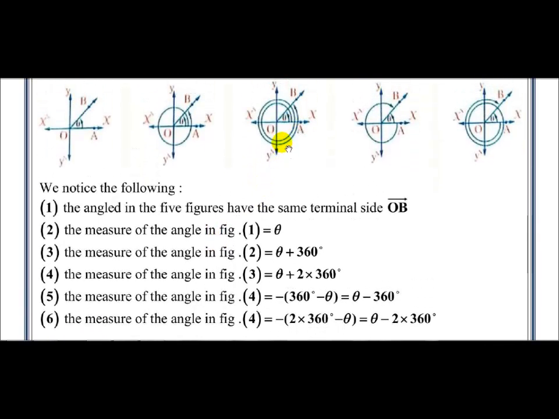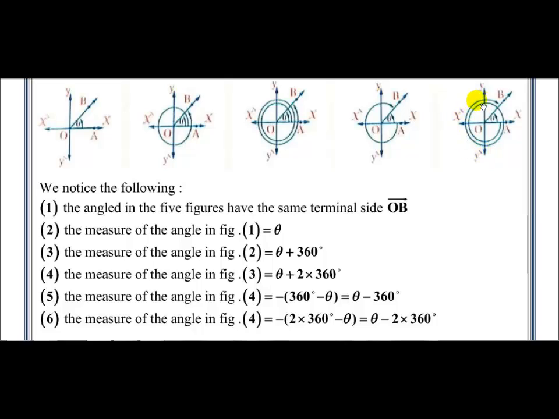In figure 3, this is theta; I rotate another 360, so the measure is theta plus 2 times 360. Now this is theta, and I rotate in this direction, subtracting 360, theta minus 360.